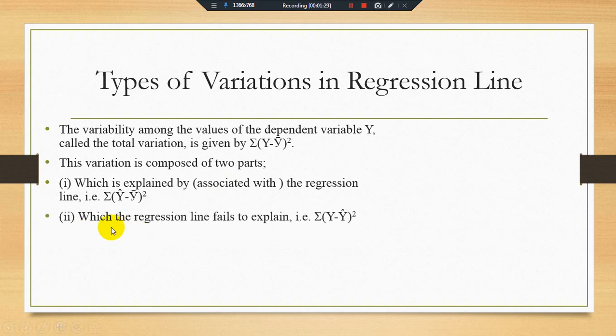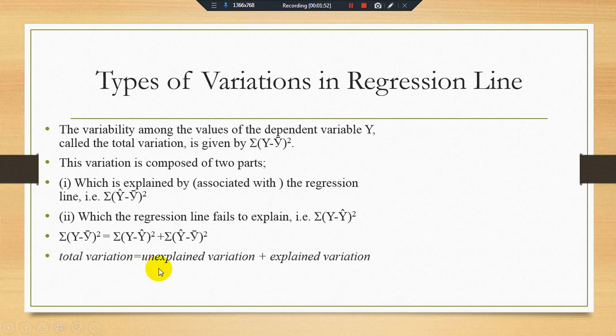The second one is the unexplained variation, which our regression line fails to explain, that is summation y minus y hat square. So the total variation is equal to unexplained variation plus explained variation.